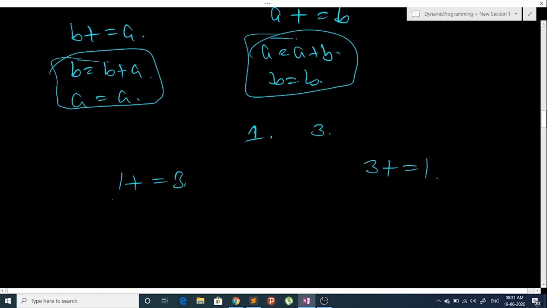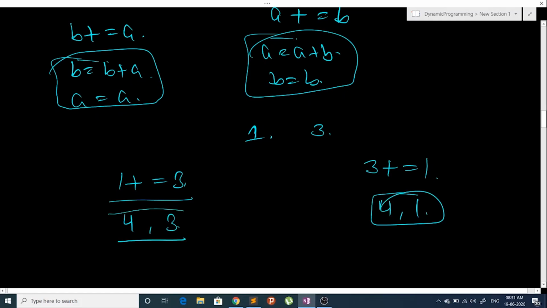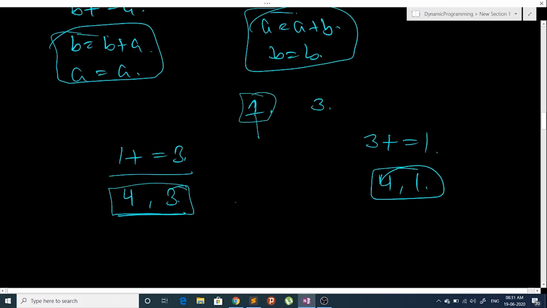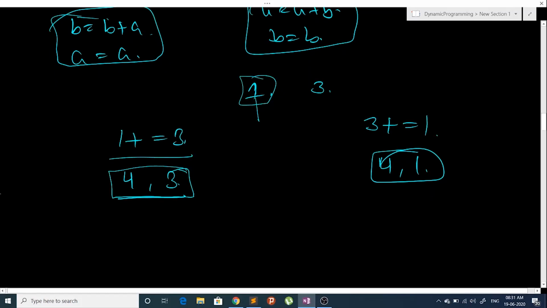Now if I do this operation, I will have two numbers, one will be 4 and the other will be 3, and here I will have 4 and 1. Now I can clearly see that if I add to the smaller number, if I change the smaller number, I have better chances of getting number n.